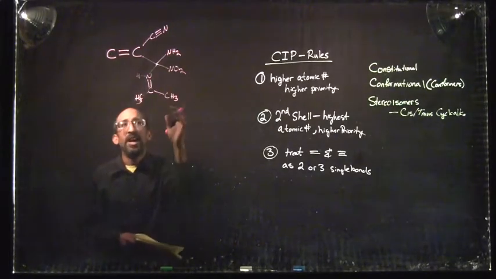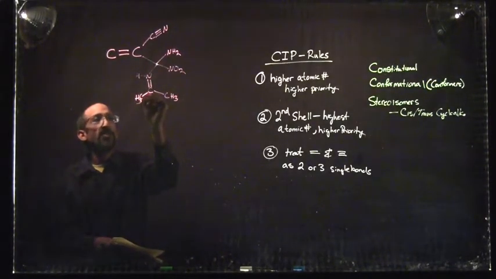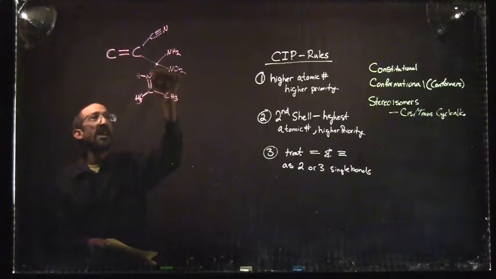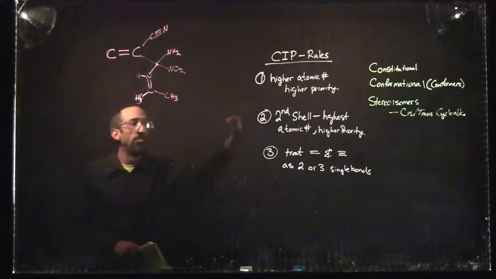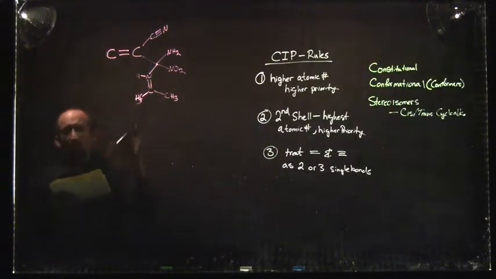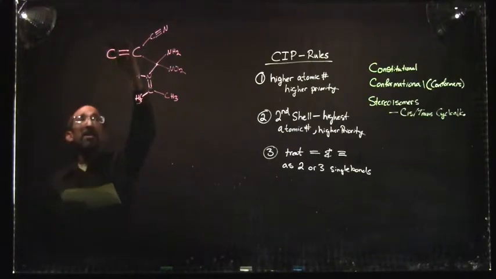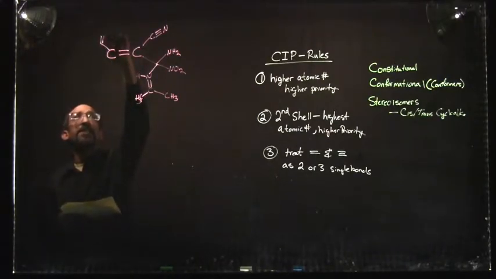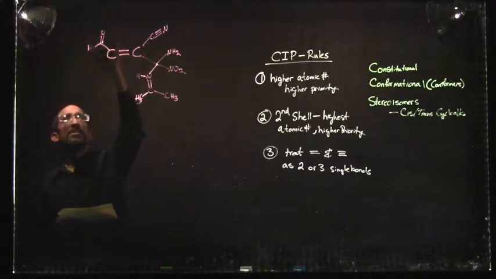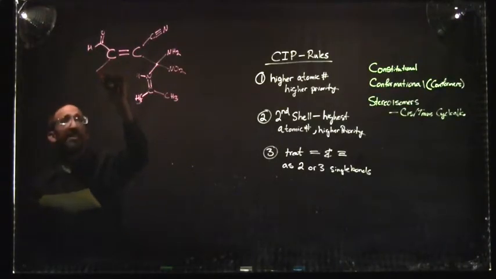Again, I am purposefully making this very complex so that we can see how to apply all of these rules. On my other carbon, we'll have an aldehyde, and we'll have a carboxylic acid.